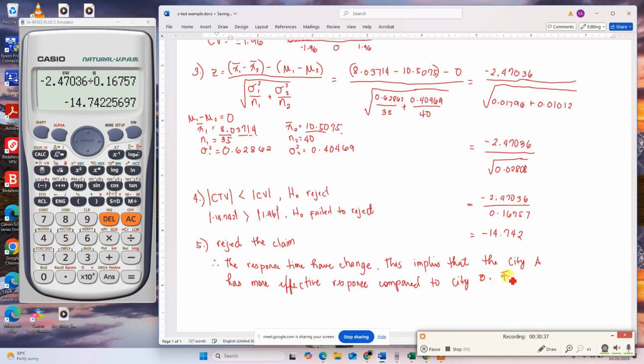Furthermore, the GPS system is effective. So that's how we are going to use our z-test.